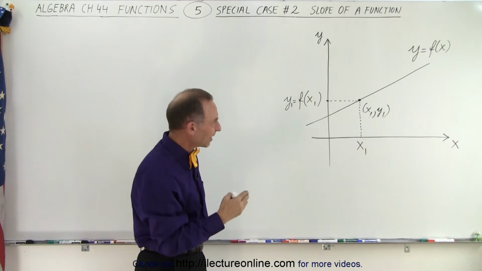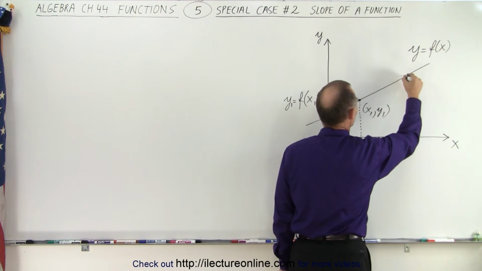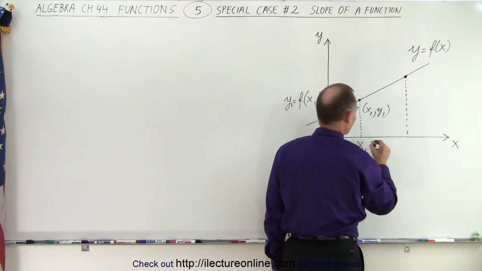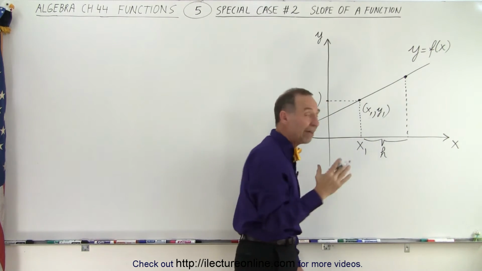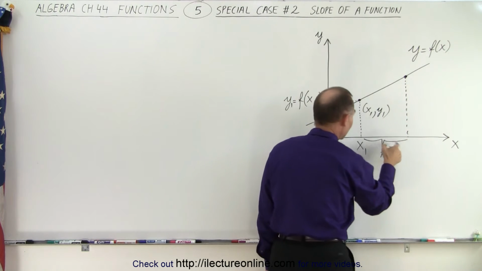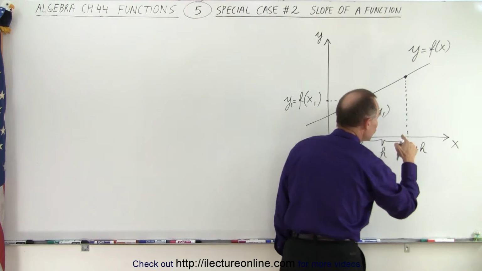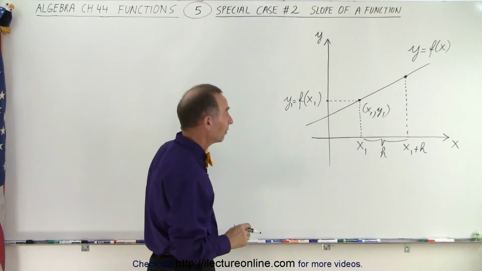So now we pick a second point some distance to the right. And what do we call that point? Well, since this distance here is equal to h, which can be any value, we simply add h to x1, and this becomes x1 plus h. So that's the new x-coordinate of that point.